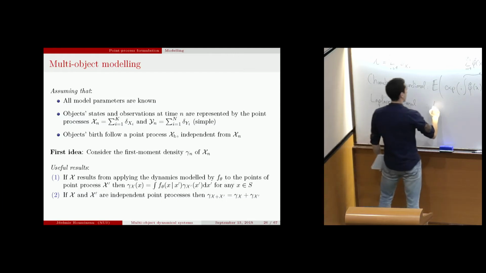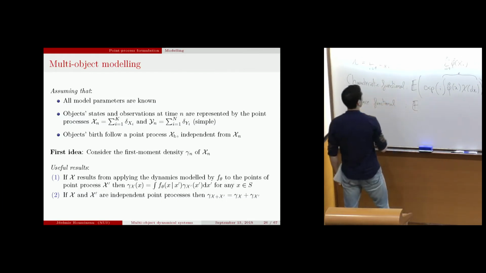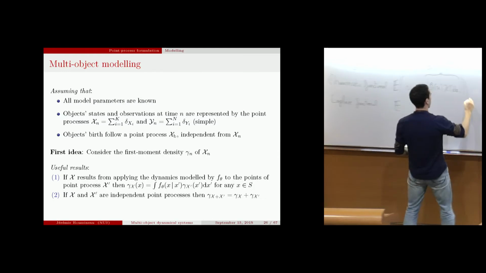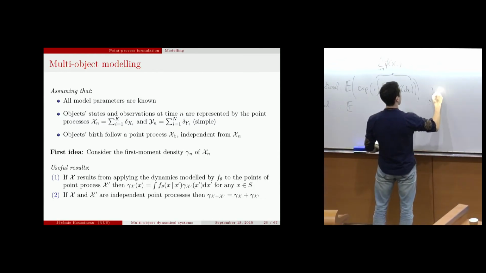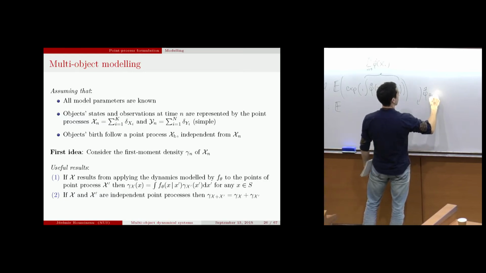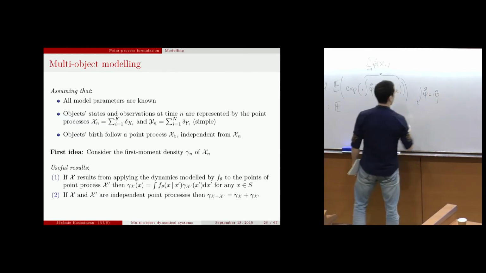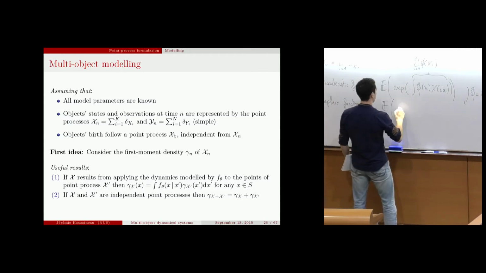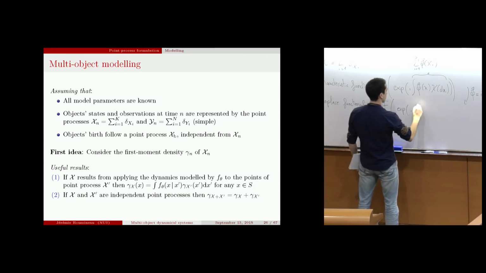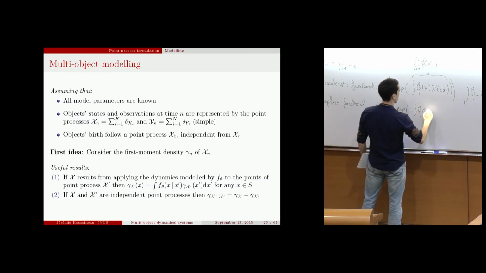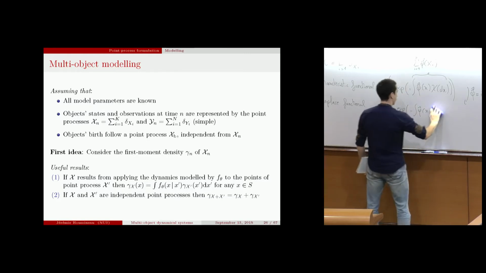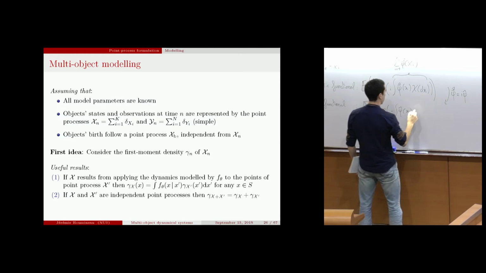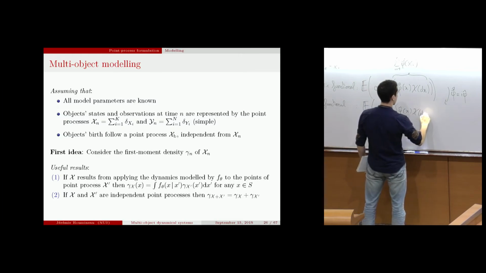Because the measure we look at is positive, I can simplify and say that this test function just removes the complex i. We don't need it for this to be well defined. Exponential minus, same thing as before, integral of the test function against X dx.